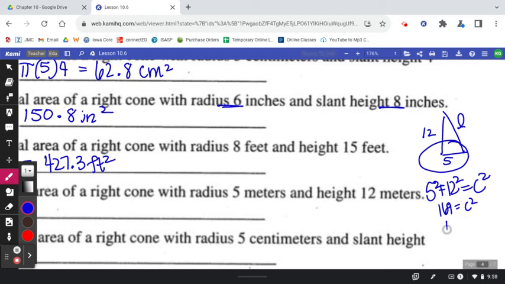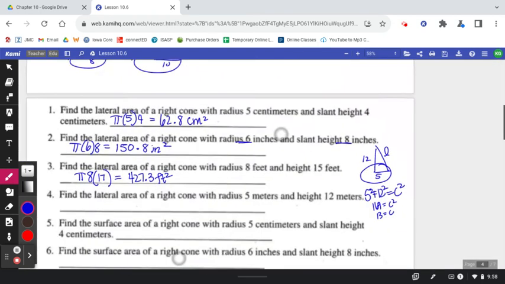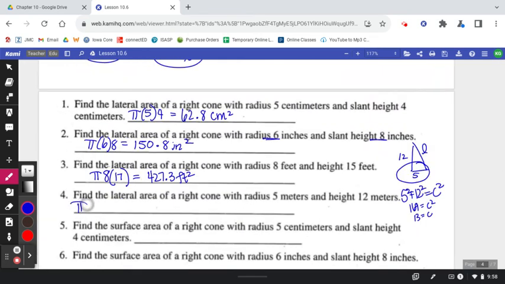And the square root of 169 is 13. So pi times radius times slant height gives me 204.2 meters squared.